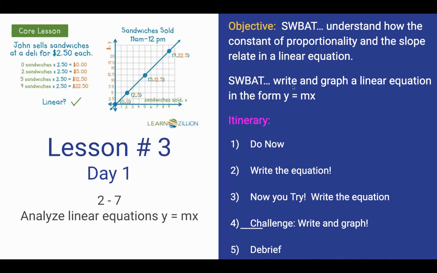Students will be able to write and graph a linear equation in the form y equals mx. So we're going to write an equation. You're going to write a second equation, and then we'll even look to see if we can write and graph before looking at your asynchronous work. Let's dive in.